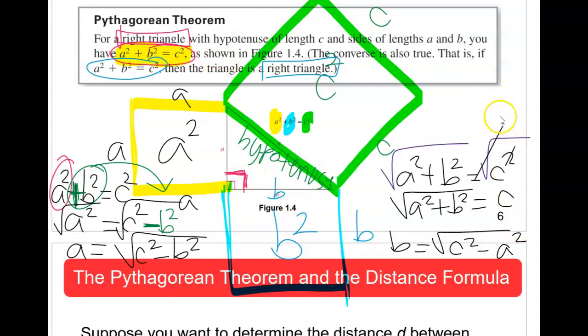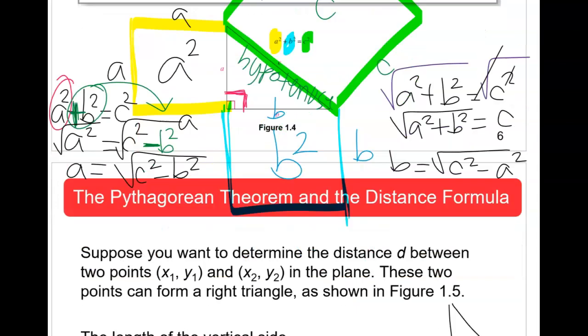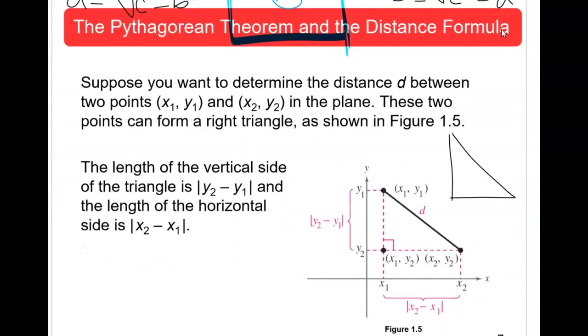So let's pretend that here we have, well, I'll just draw the same triangle over here, maybe not to scale. Okay, so we have a triangle there.